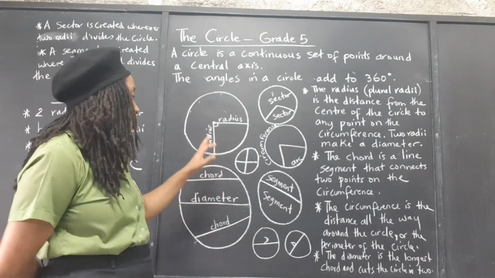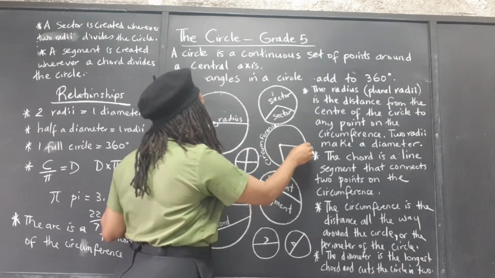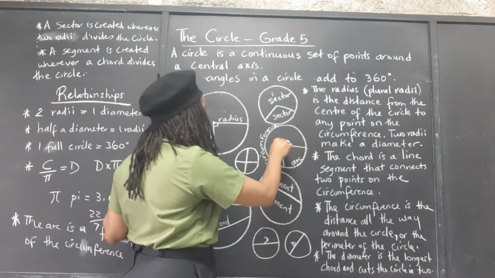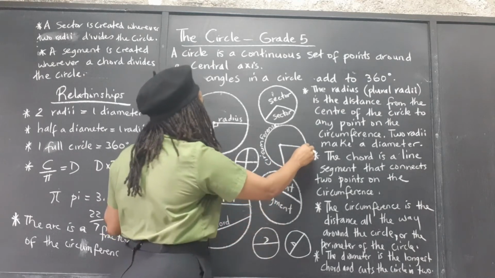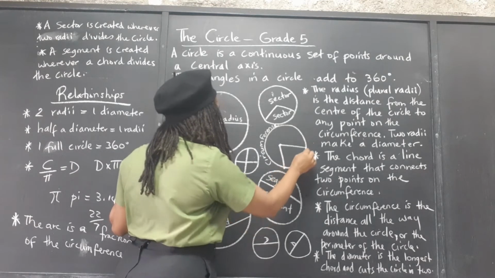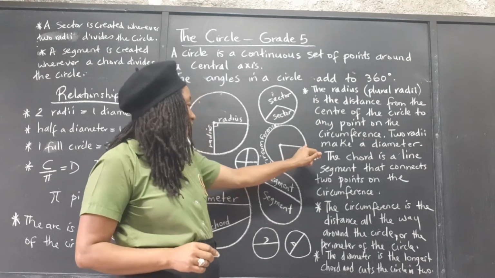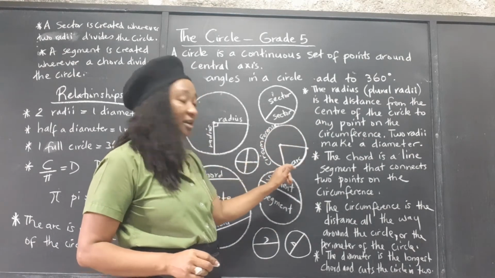Therefore, for example, seeing as we have from the center to the circumference here and another radius here, this created here is an arc. The distance just from here to here, that's an arc. But the distance from here all the way back around to here is also an arc.